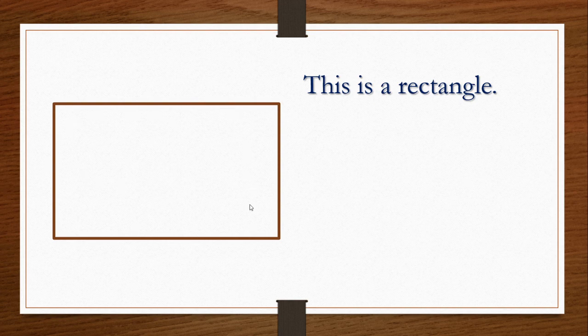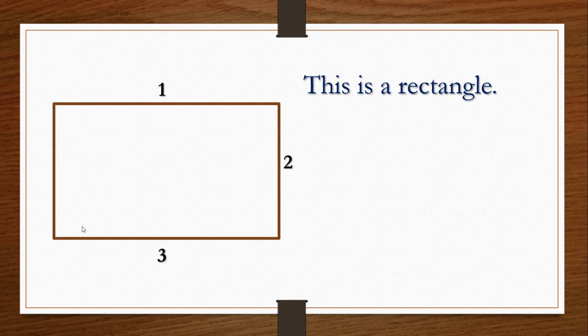What is the name of this shape? This is rectangle. R-E-C-T-A-N-G-L-E, rectangle. Okay, remember the name rectangle. We will see how many sides or edges this rectangle has. See, this is the first edge, first side, and this is the second side, right?